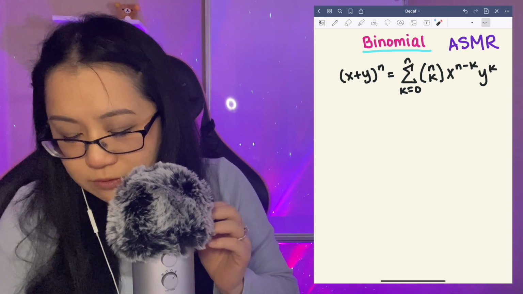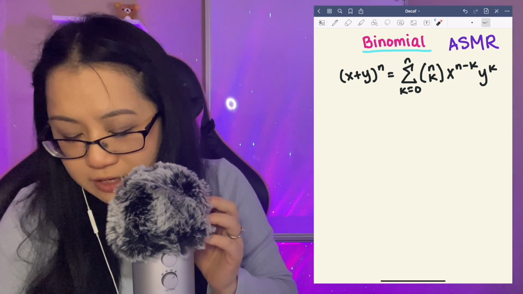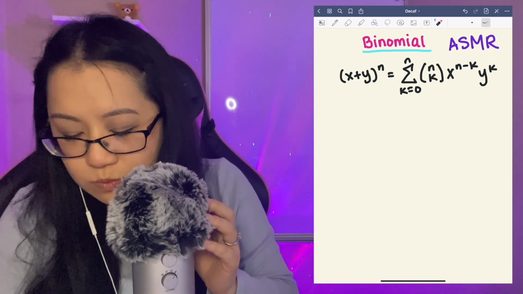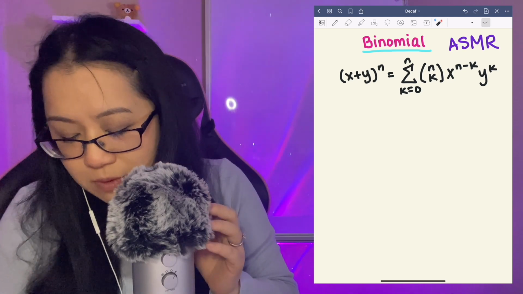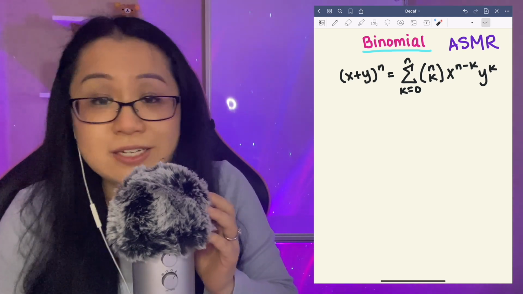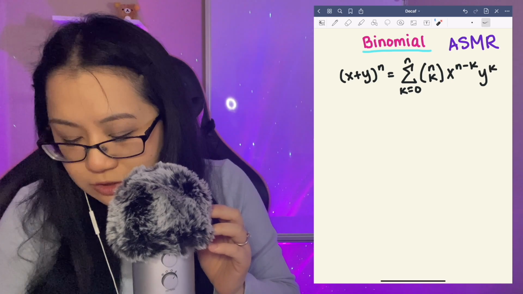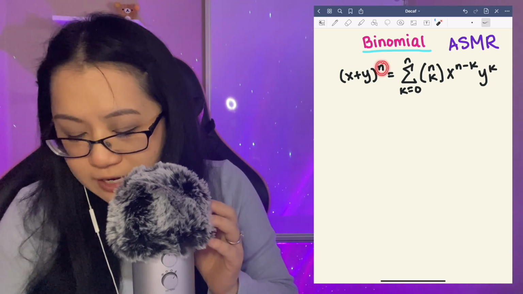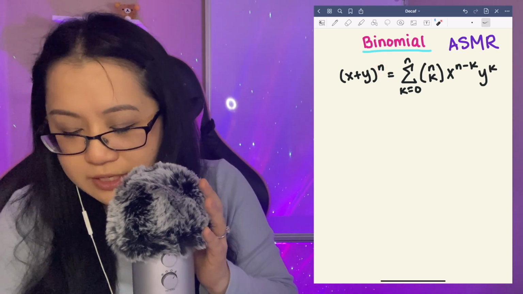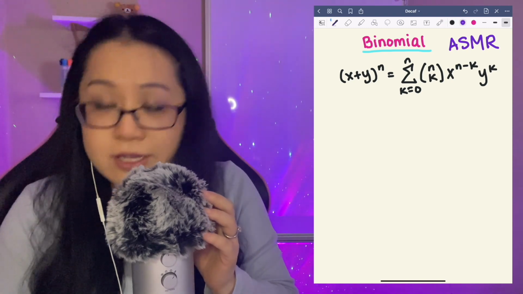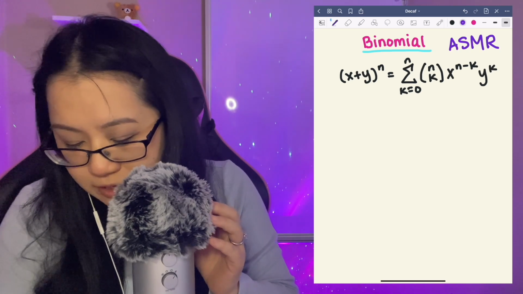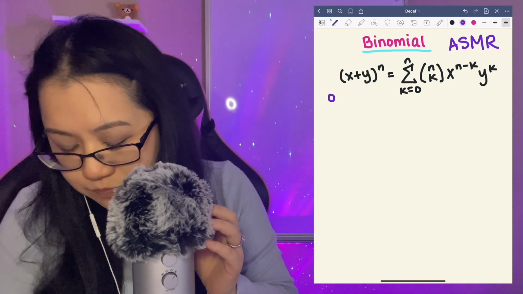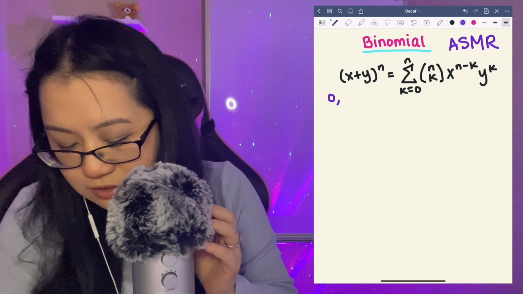So we have two terms that are separated by a plus or a minus raised to an exponent. And what we're basically doing is expanding this. So this exponent here, n, has to be a non-negative integer. So we can start with 0 and then all the positive counting numbers.